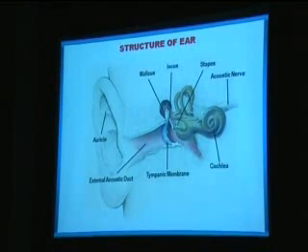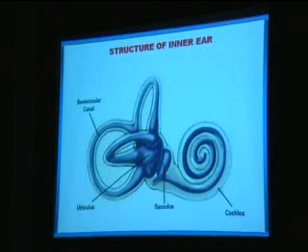So the main organ can be divided into the external ear, the middle ear, and the inner ear. The external ear actually captures the sound waves as they come in, and then it goes into the inner part of the ear, which is called cochlea, and this is actually the sound box.